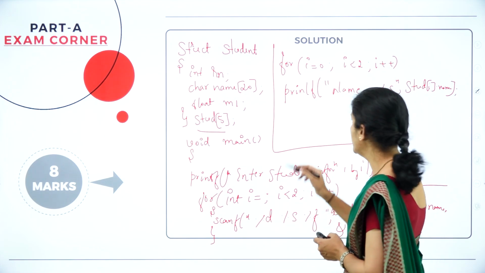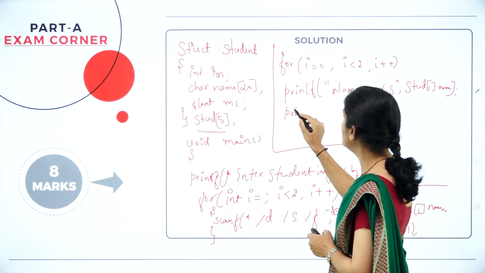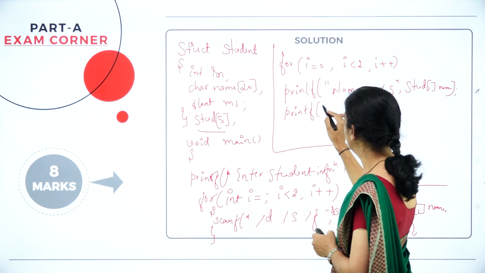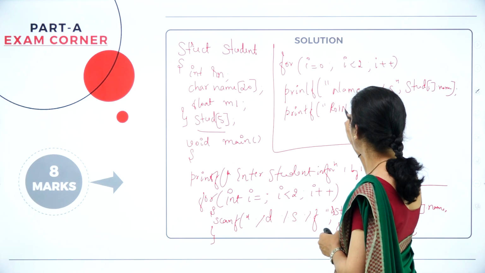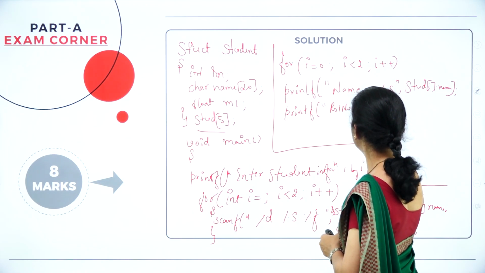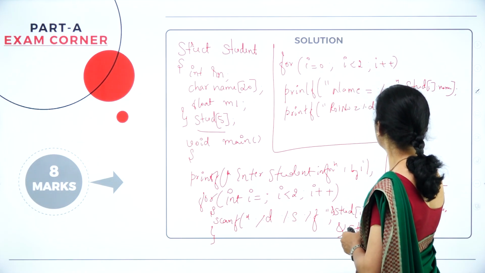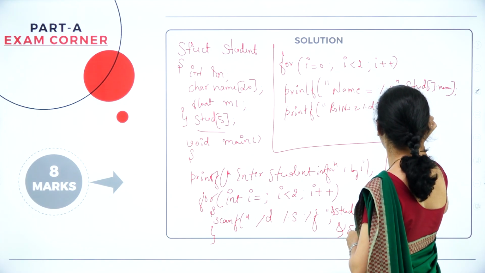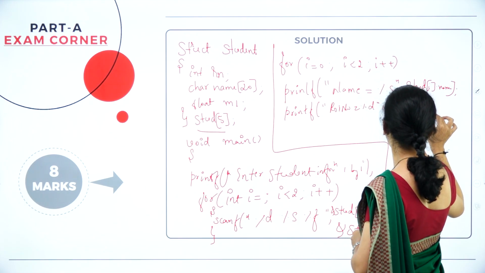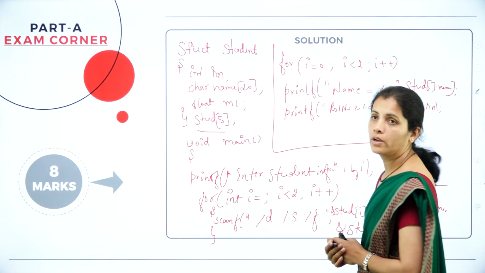Okay, fine. Next, I want to display the roll number: printf("roll no equal to %d", stud[i].rn).